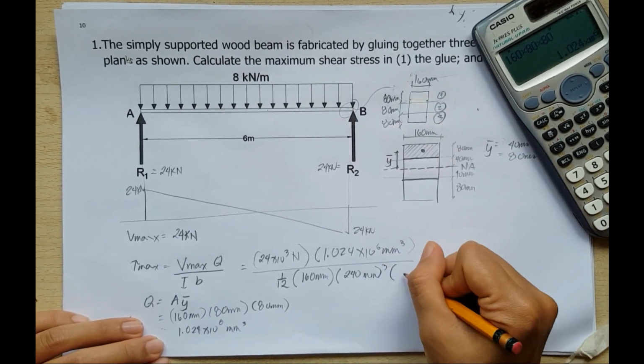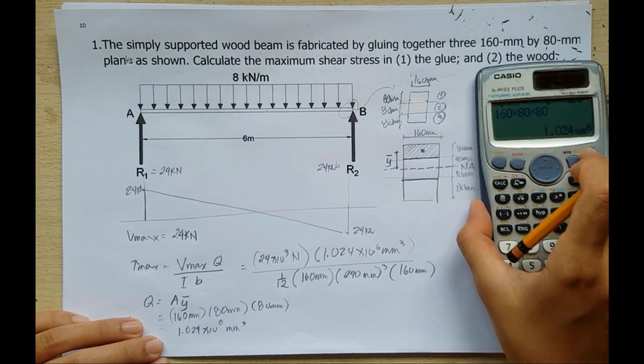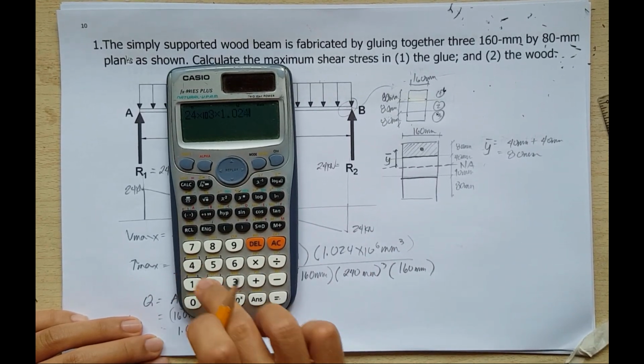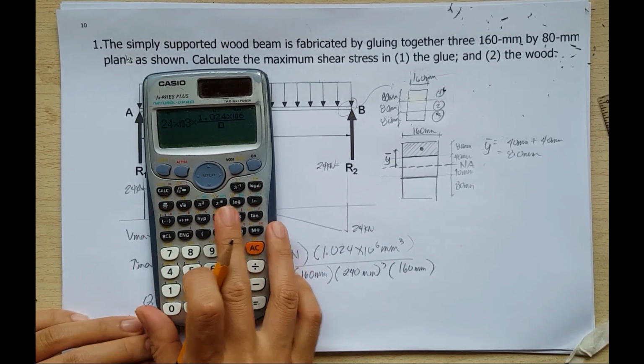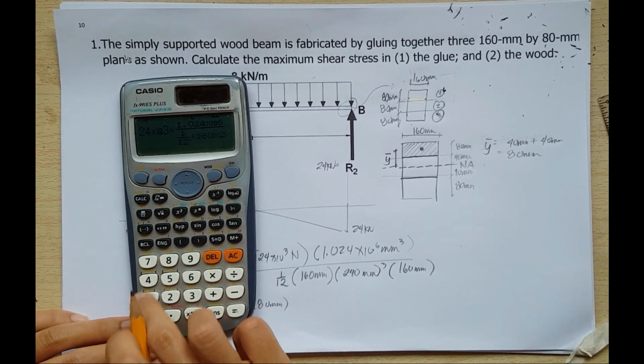Therefore, the maximum shearing stress is equal to 24 times 10 raised to 3 times 1.024 times 10 raised to 6 all over 12 of 160 times 240 raised to 3 multiplied with 160.